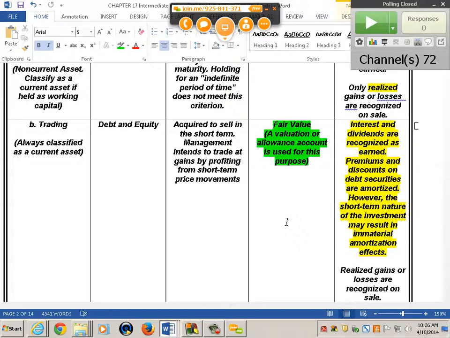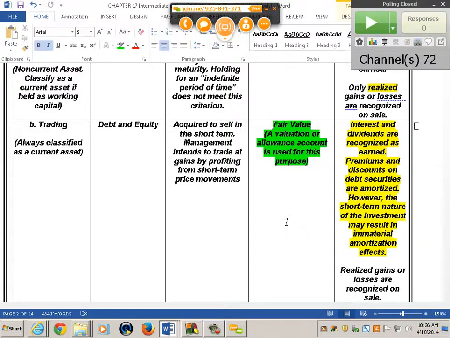So the allowance account is going to be used in this case, and I know, look, I'm not as big on all these little points to needle you with, but this one we have to use an allowance account. You would not write the security down directly unless it was impaired. We'll talk about impairments.